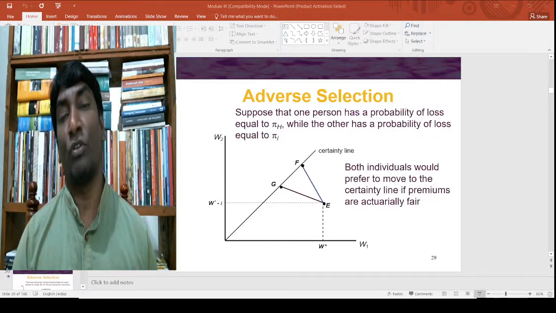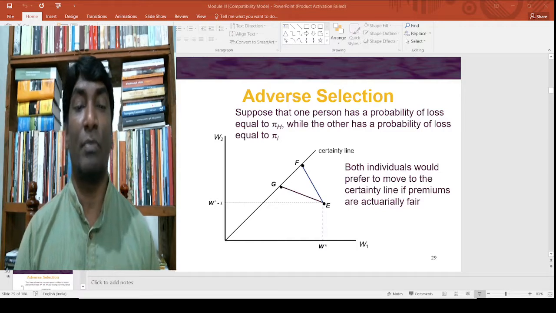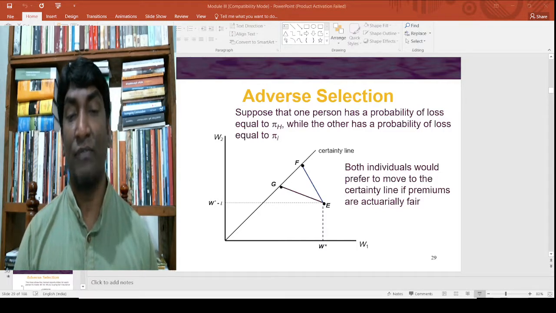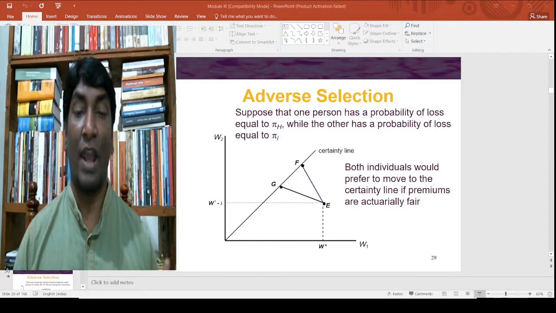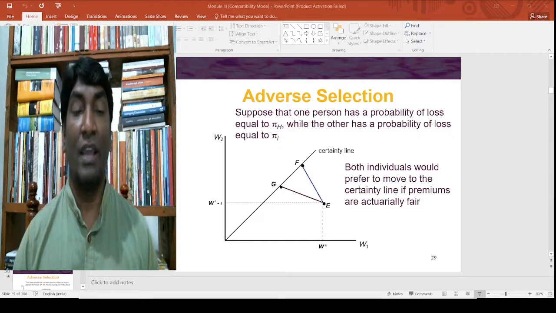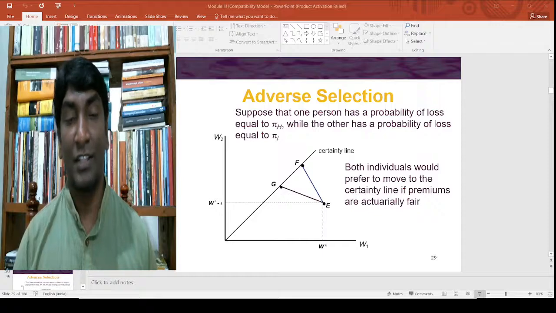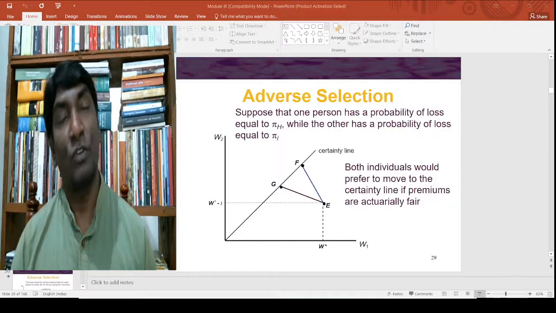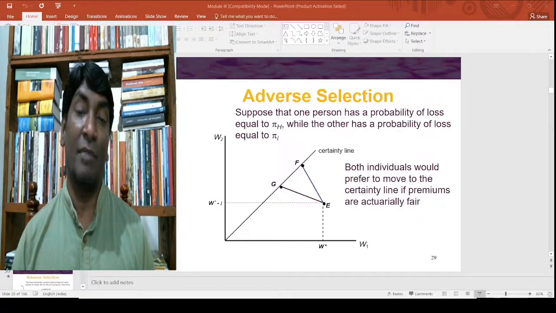Now, one possible solution would be for insurers to offer a premium based on the average probability of loss. In the F case and G case, there is a driving out, because the low risk persons would be driven out, since the high risk people will buy that kind of insurance. This makes insurers think about an average price, which will be higher.